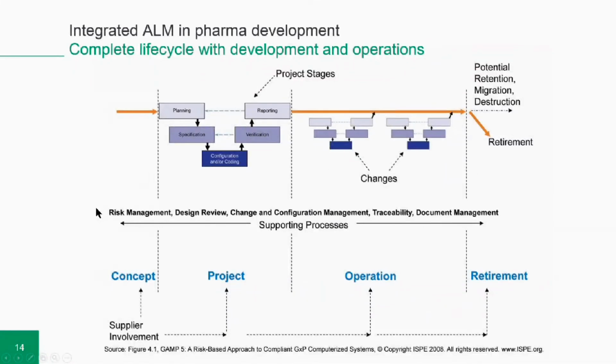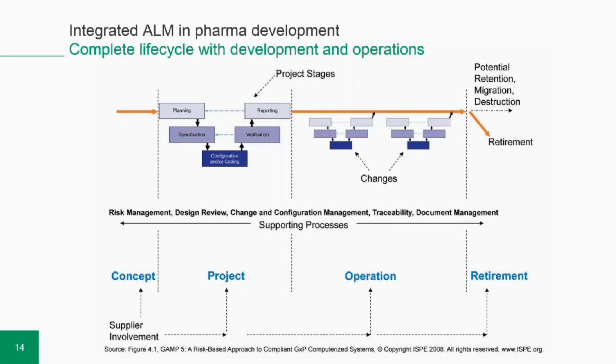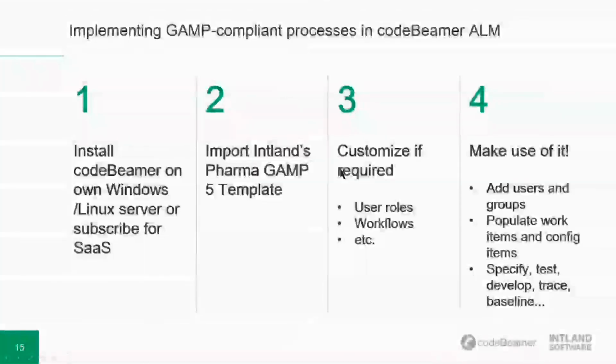So the full life cycle can be covered this way by using Codebeamer. The development cycles, as we've seen for different software categories, can be completed in the project stages, and in the operation stage, the changes can be handled. It's also built into the template. So the question now: how can we actually use Codebeamer in practice?